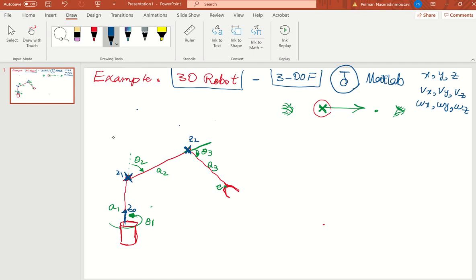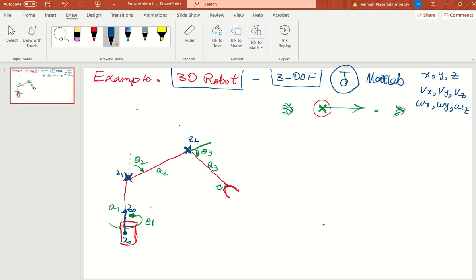Now look at here, guys. This is Z0. Obviously, X0 is out of the page. I'm looking from here. This is X0 out of the page.